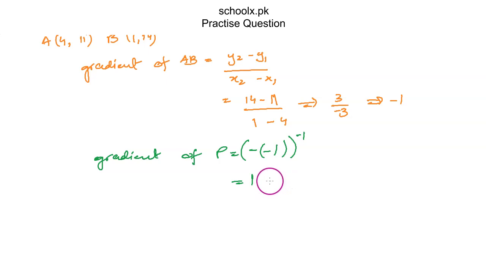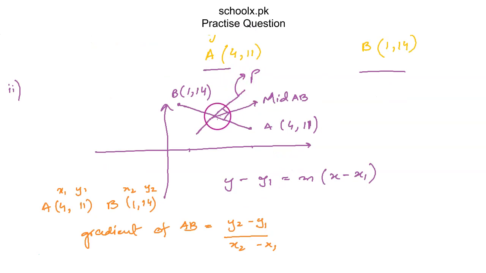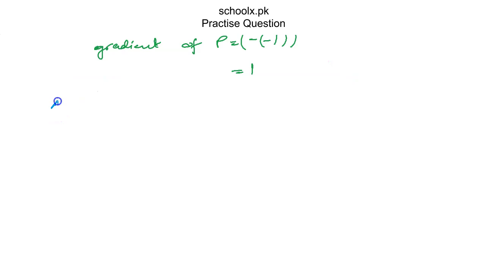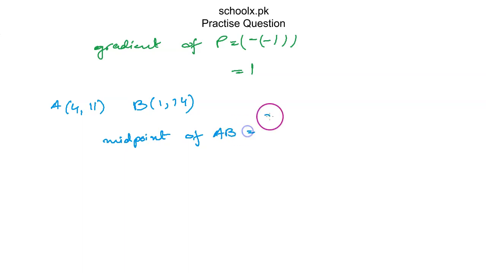Now we need to find a point on P, and we already know that P will intersect AB at the midpoint of AB. So let's find the midpoint of AB, which is also the point lying on P. A was 4, 11, B is 1, 14. The midpoint is x1 plus x2 over 2, and y1 plus y2 over 2.